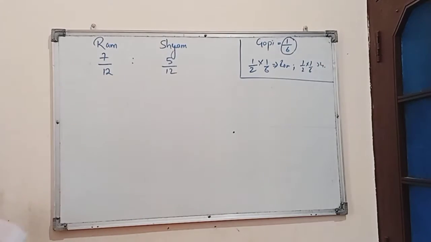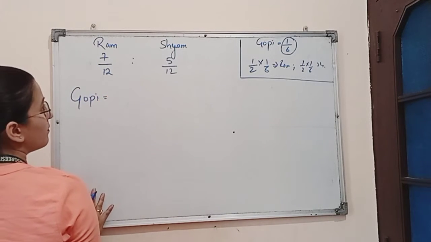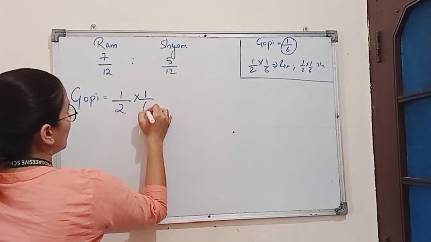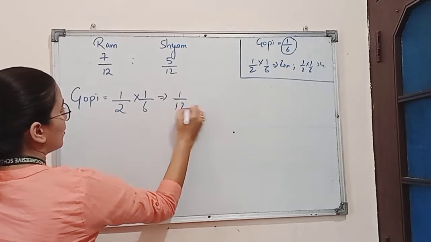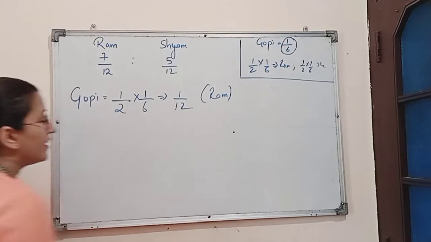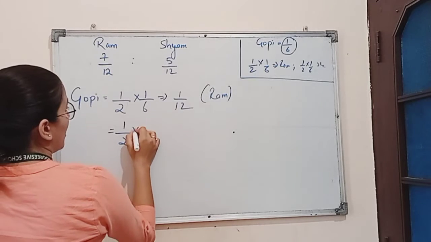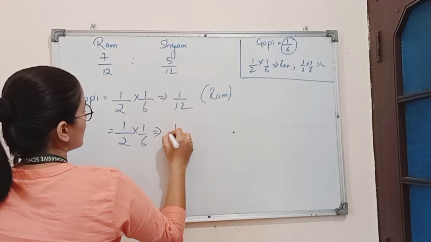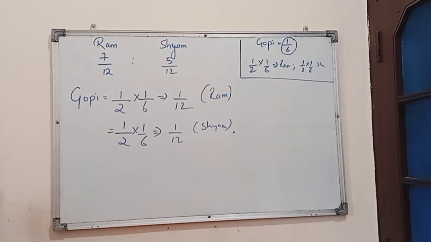If we calculate this, Gopi has acquired half of his share from Ram, that is 1/12. This share has been acquired by Gopi from Ram, and half of his share has been acquired from Shyam. 1/12 share has been acquired from Shyam.